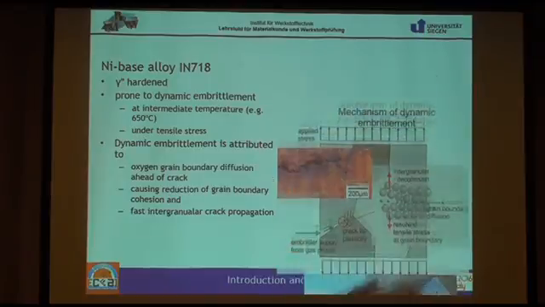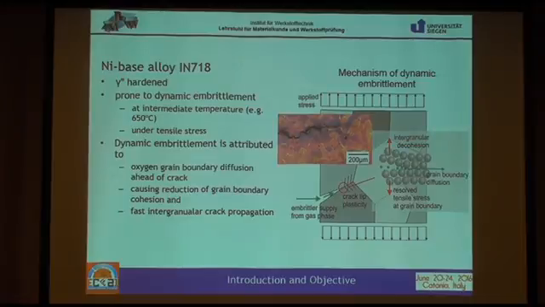The dynamic embrittlement is normally, if you look in the literature, attributed to oxygen diffusion, which is shown here. If you have a cracked sample, the oxygen diffuses along grain boundaries into the material, and this causes a reduction of the grain boundary cohesion, as is schematically shown here, and this can lead to fast intergranular propagation.